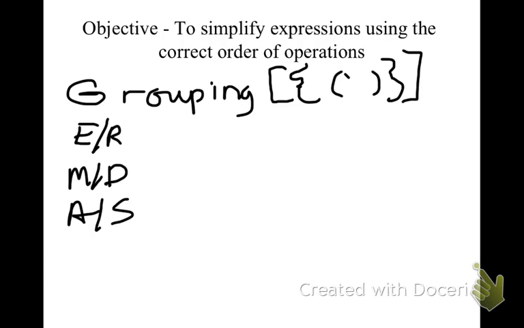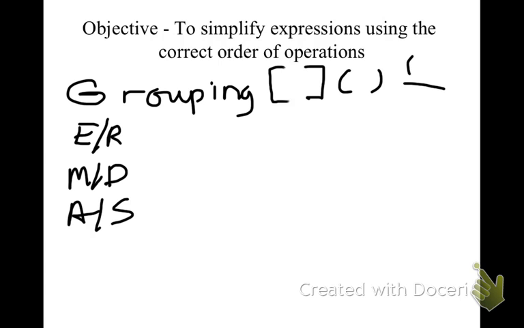We also could have a bracket. We could have a division bar as a way to create a group. You could have a group on top with or without parentheses, but you've got to simplify the top then the bottom.